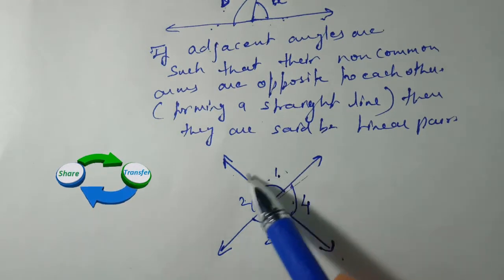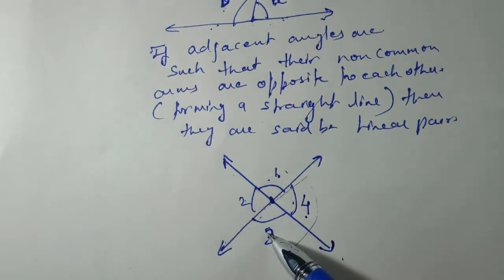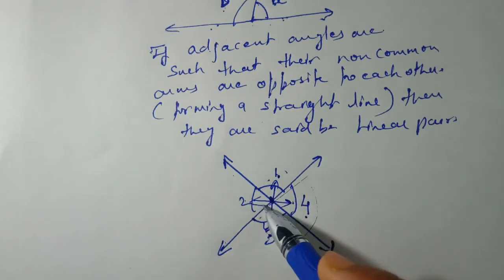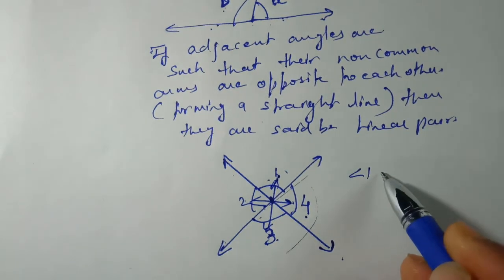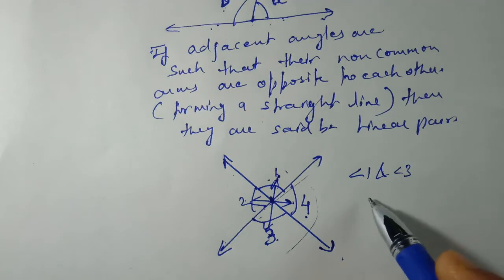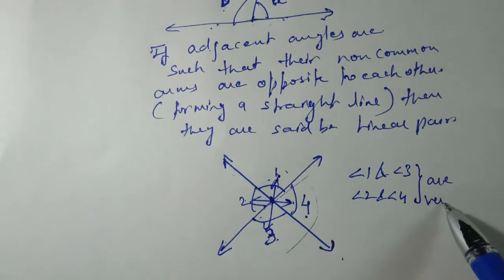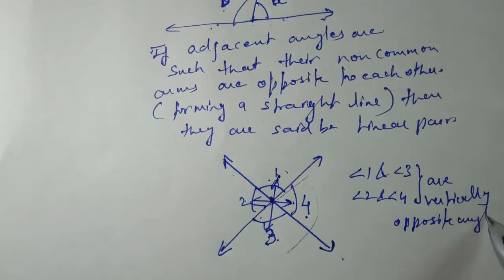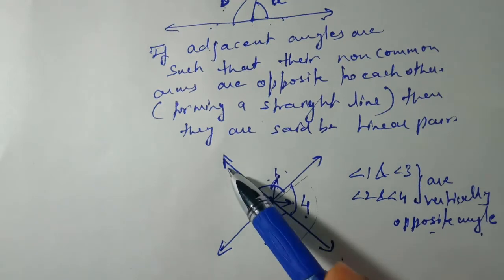Here if we observe these four angles carefully, angle 1 is just opposite to angle 3 and angle 4 is just opposite to angle 2. So if you have such a pair of angles, then they are said to be vertically opposite angles. Then we can say angle 1 and angle 3, angle 2 and angle 4 are vertically opposite angles.